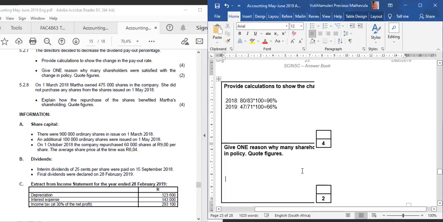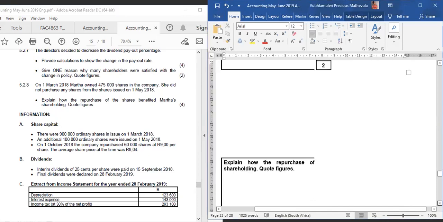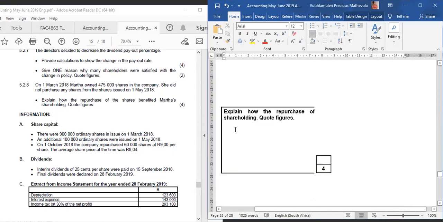So Martha, right? At the beginning, Martha had what? 475,000 shares, right? And then what were the total number of shares issued? There were 900,000 shares, right?